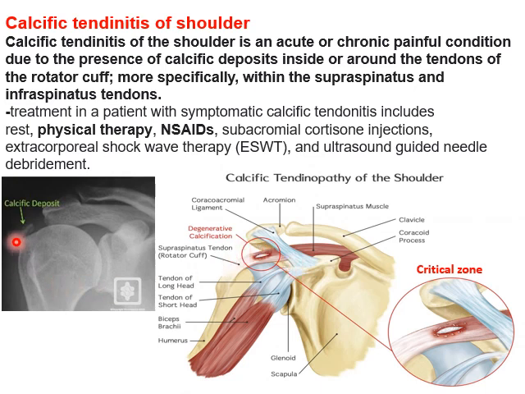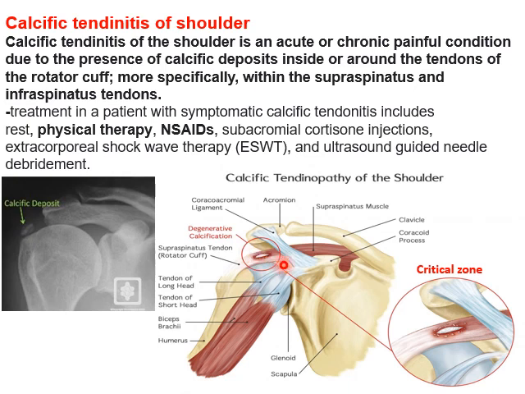And these can be detected radiographically as calcium deposits nearer to the greater tubercle at the critical zone of the supraspinatus, which is about 1 centimeter proximal to the insertion of the supraspinatus tendon. And these can be cured by giving painkillers or cortisone injections, or these can be removed also by ultrasound guided removal or shock wave therapy.